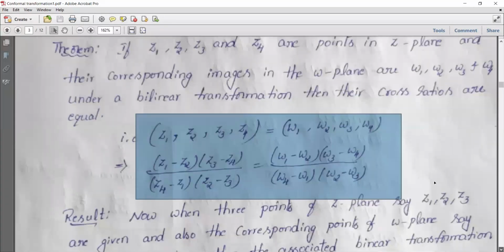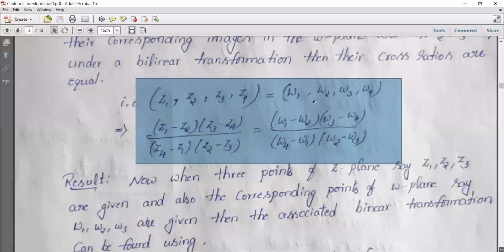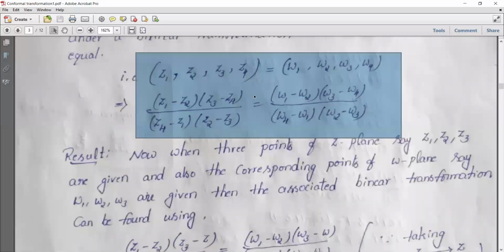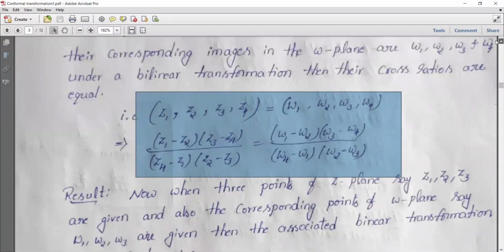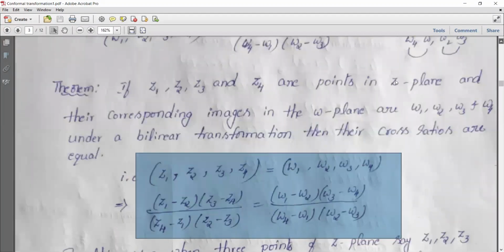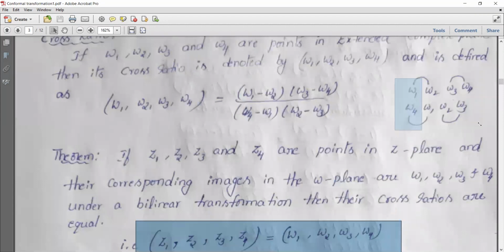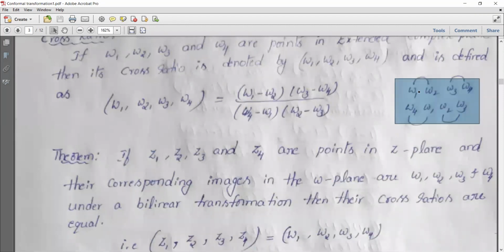This is a very important result. In every problem, we use this cross ratio property, so remember this. Already I explained how to remember it: take all the points W1, W2, W3, W4, and in the next line, to get the factors in the denominator, write W4, W1, W2, W3.